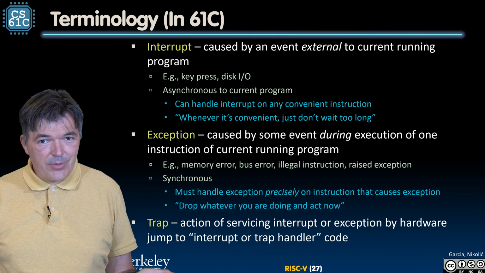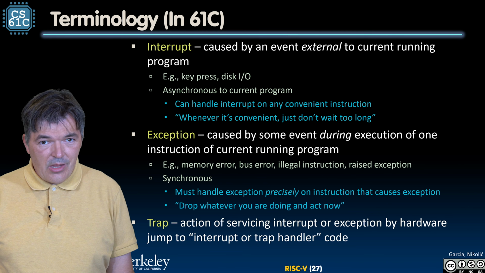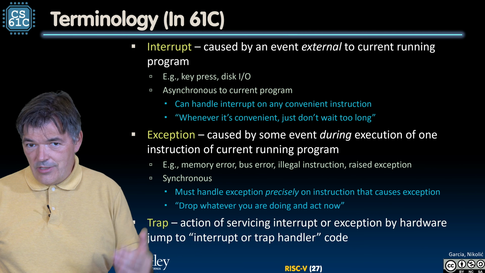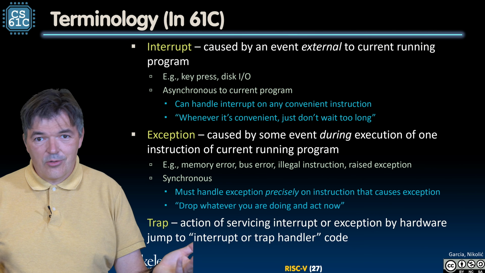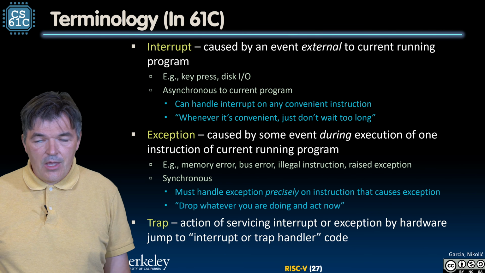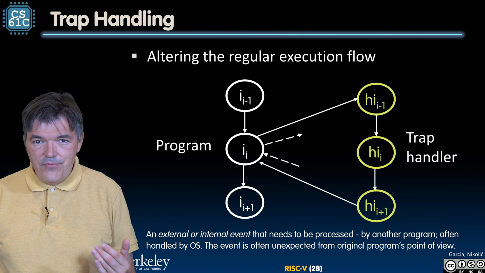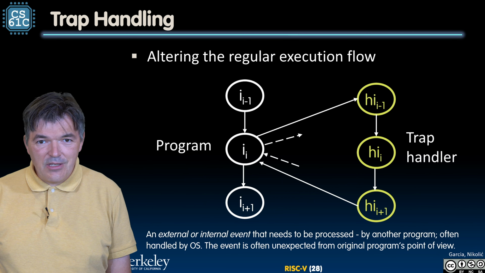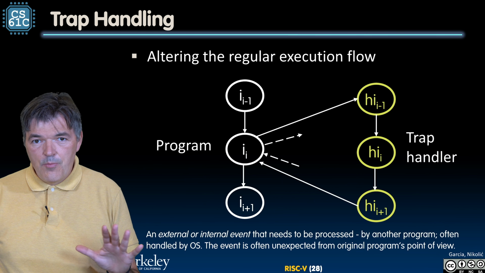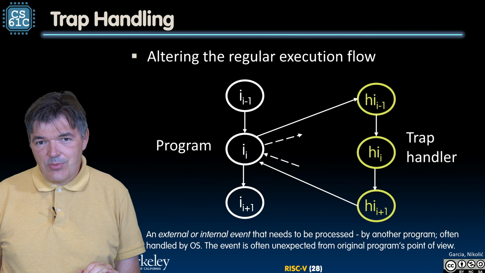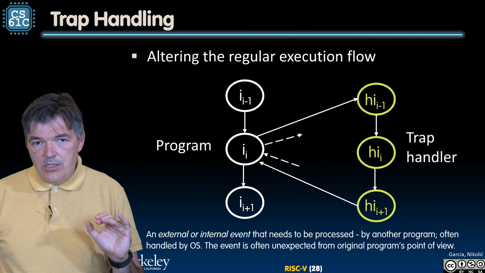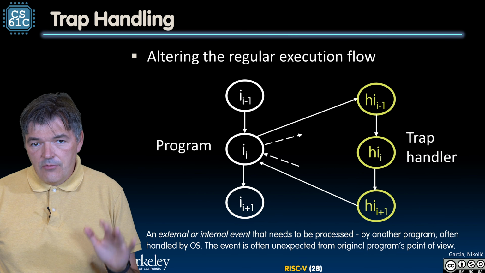If we don't have an interrupt handler or a trap handler, we will either ignore that event or crash. Trap handling is very similar to what we have seen in, say, function calls, but generally needs to be more precise.